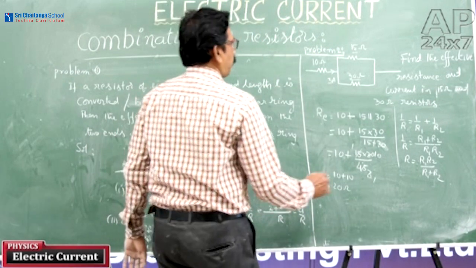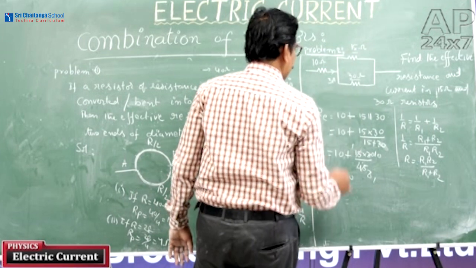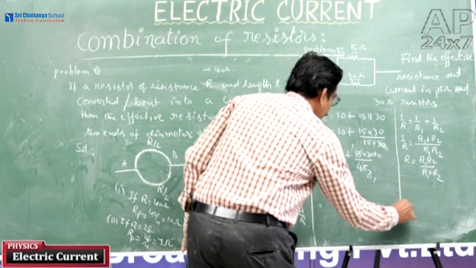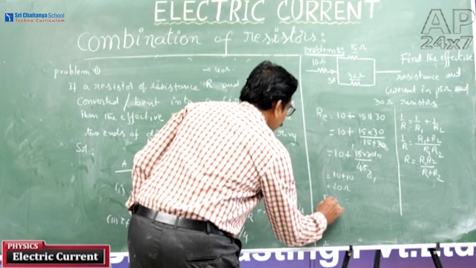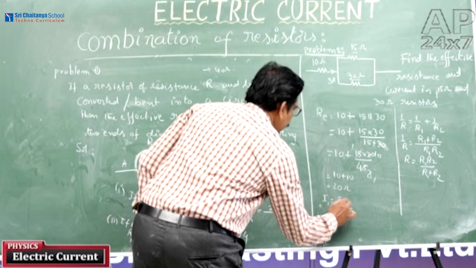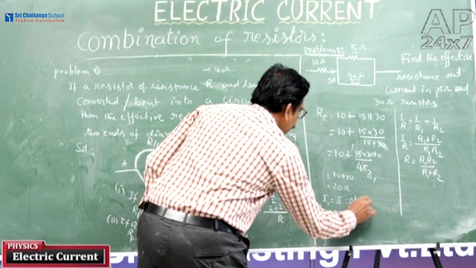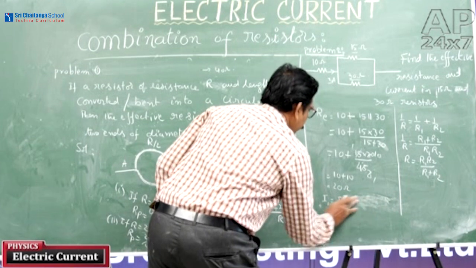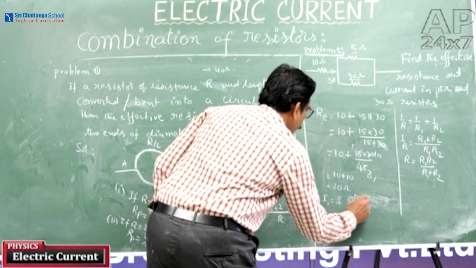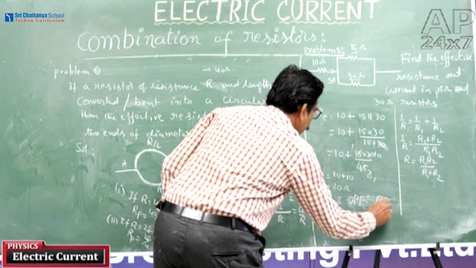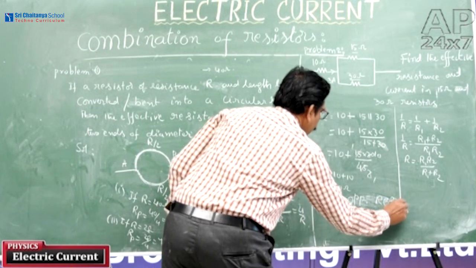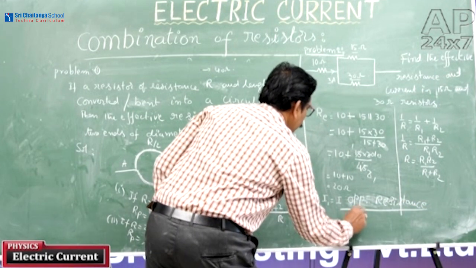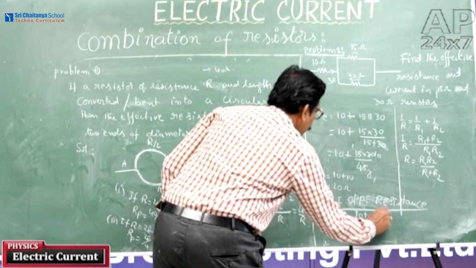Now, they asked us to find the current through the 15 ohm resistor. I will give you the shortest method here. I1 is equal to I into opposite resistance divided by total resistance.